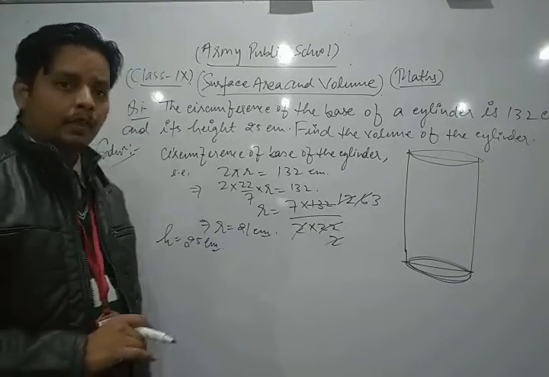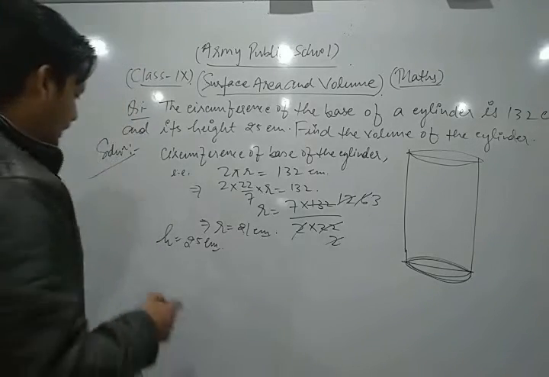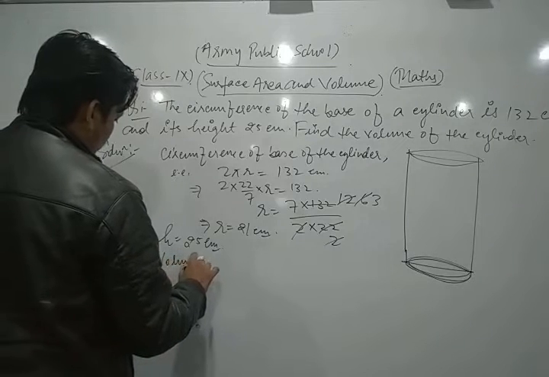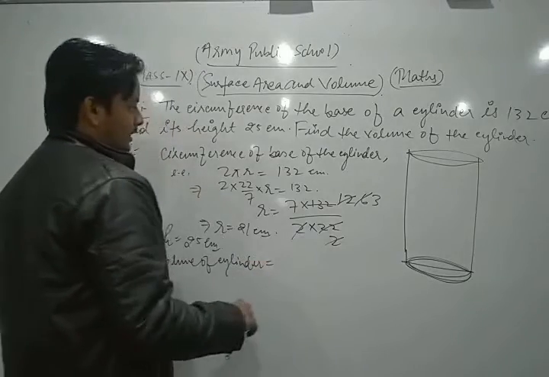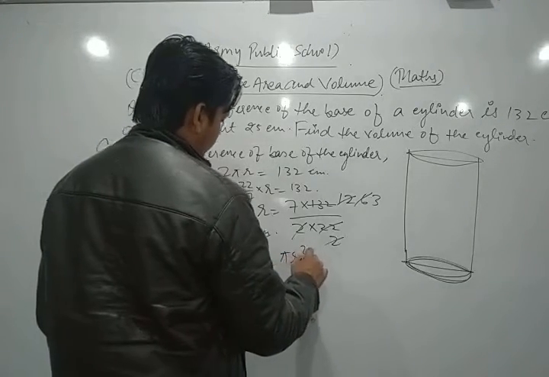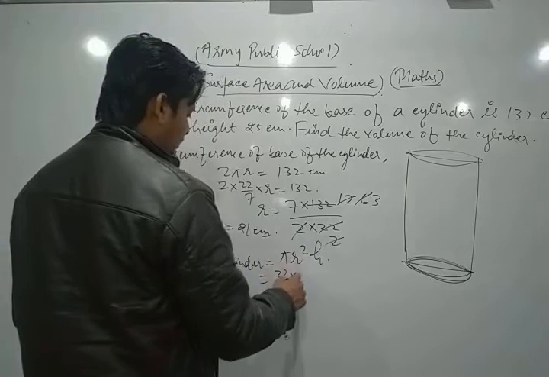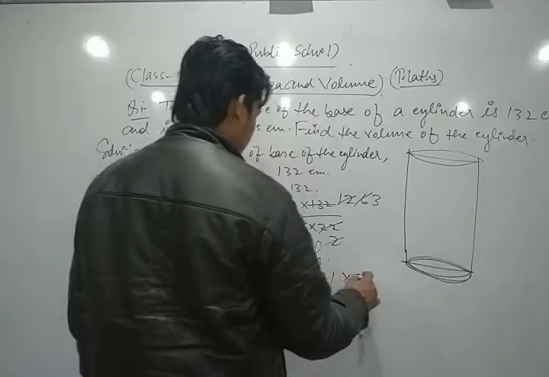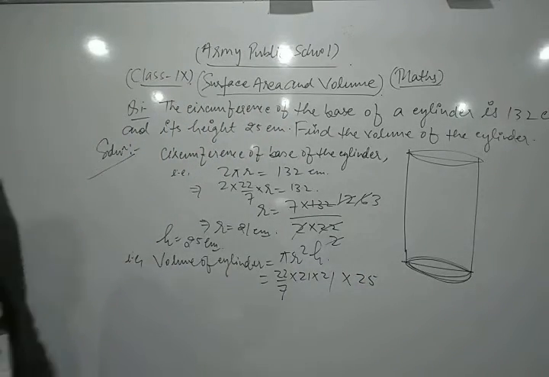Now we find the volume, so we use the formula for volume of cylinder, that is pi r square into h. That is 22 upon 7 into r square, meaning 21 into 21, into h, which is 25, dear students. Now we simplify them.